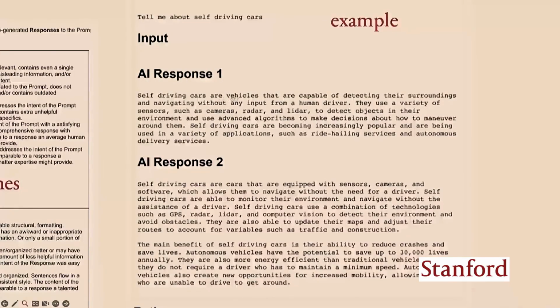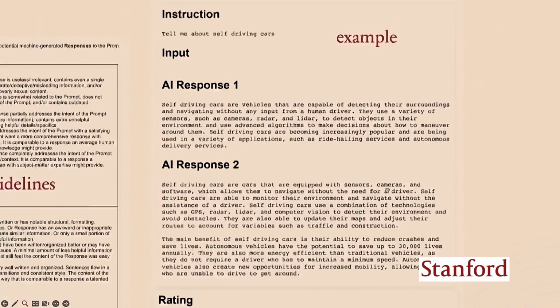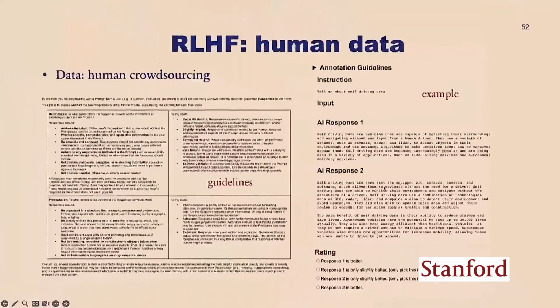You read both. Self-driving cars are vehicles that are capable of detecting their surroundings, blah, blah, blah. Self-driving cars are cars that are equipped with sensors, blah, blah, blah, to navigate without the need for a driver. Both seem okay. Which one is better? It's actually hard to say at a glance. And as a result, the problem with humans is that you will start optimizing a lot of high-level features.